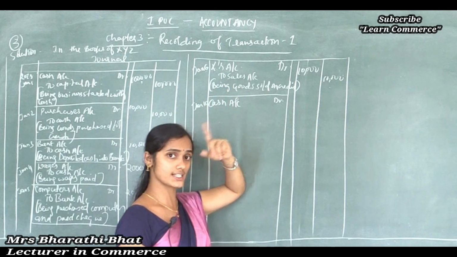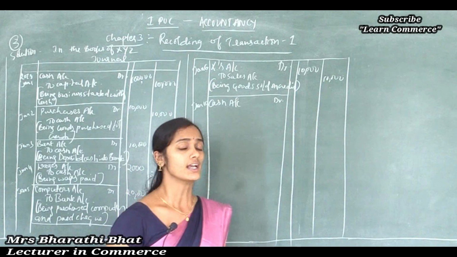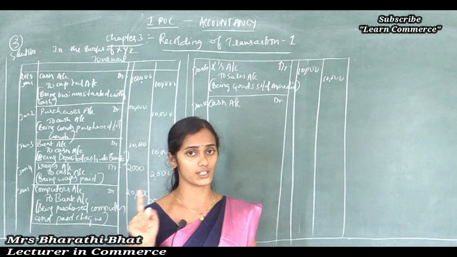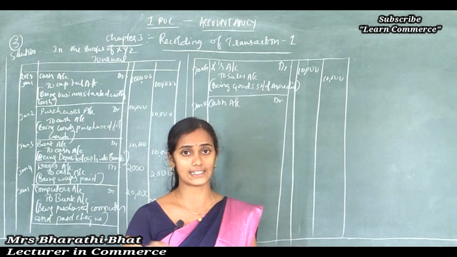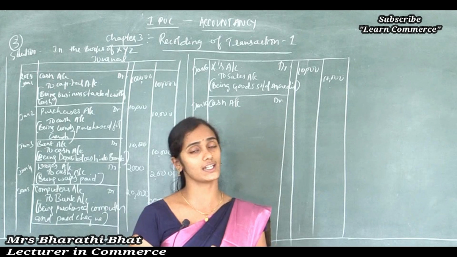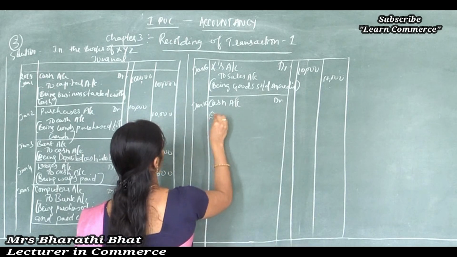Because X account was considered a debtor in the previous transactions. There we considered an increase in asset, but now that X account is reduced, showing reduced value. So that's why we have to credit that account. Discount allowed is an expense for the organization. Increase in expenses to be debited. Correct, right? So discount allowed account debited.